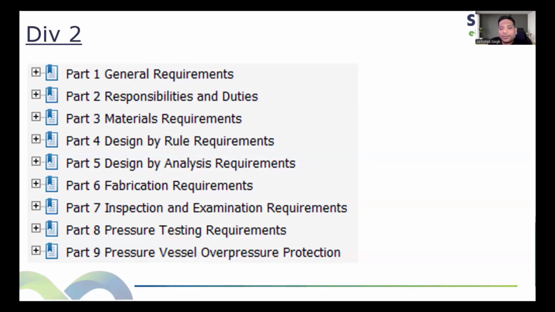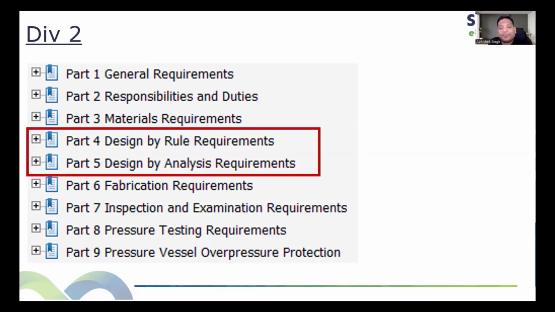Then Part 2, which is also very small, responsibility and duties. Part 3 talks about the material requirement. And Parts 4 and 5 are basically your design by rule and design by analysis parts. These are the two parts which are, as a designer, very, very important for us.